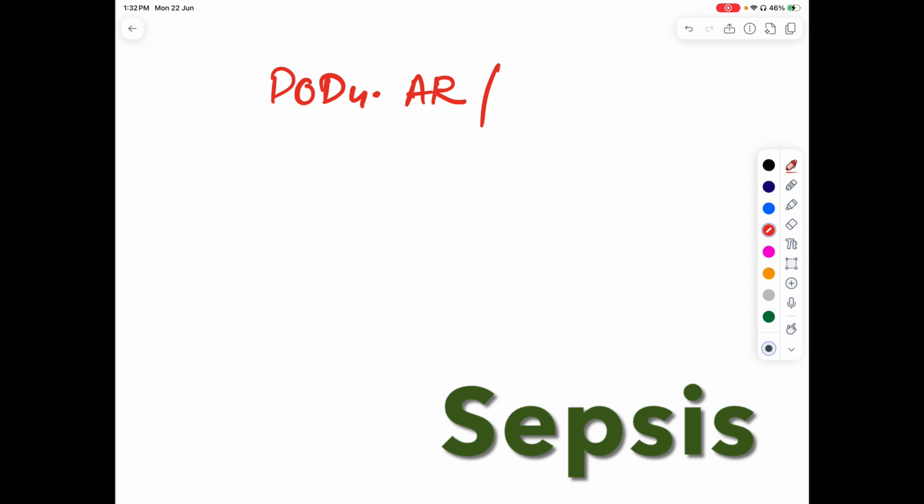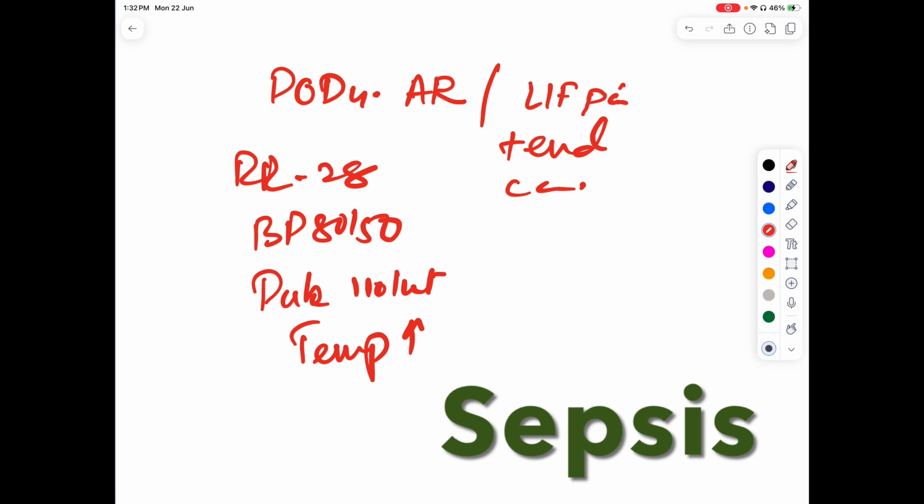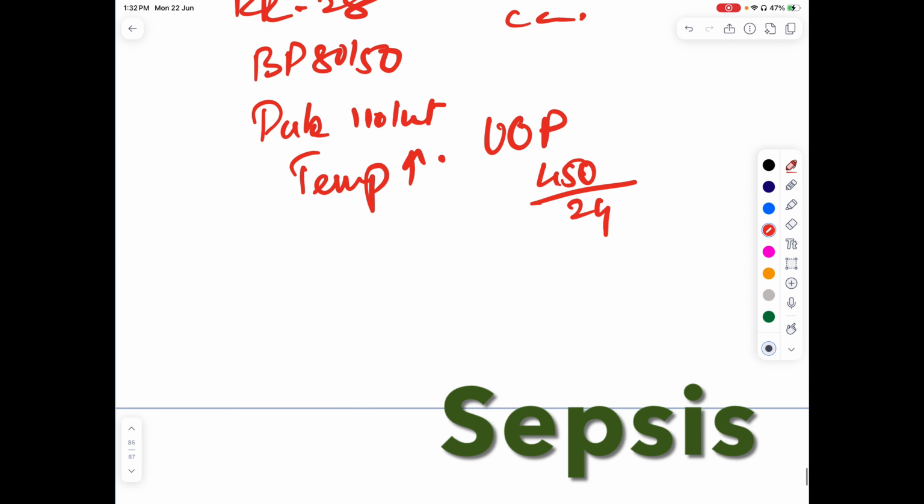She has left iliac fossa pain, tenderness, confusion, RR is 28, BP is 80/50, pulse 110 per minute, temperature is raised, urine output has gone down to 450 ml per 24 hours, and GCS has gone below 15. So what is the diagnosis?